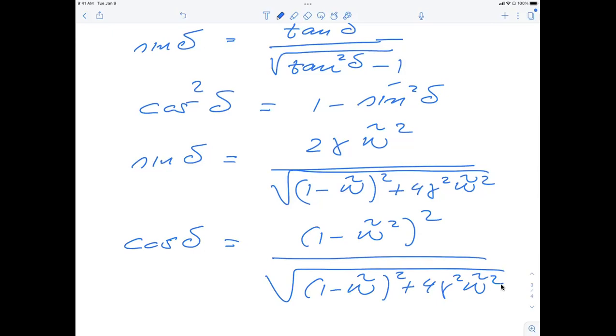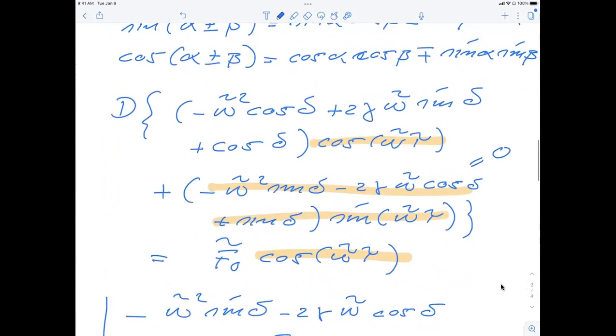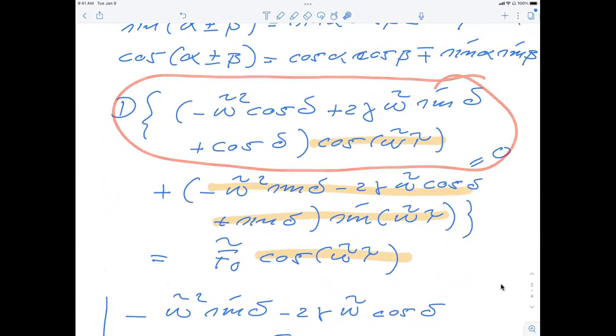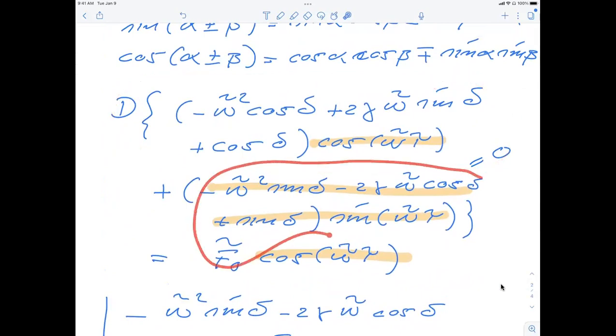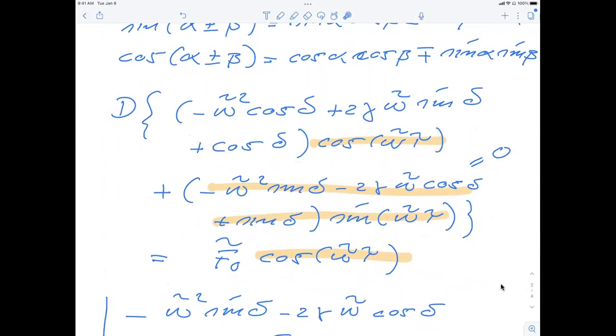The next thing we're going to do now is to put sine delta and cosine delta back in this equation with D, and we're going to equate that one with F times cosine. So we go back here and plug it in here. We've already found that the sine terms which you see here have to be equal to 0. So we plug in these equations in here, and then put that equal to F0 times cosine omega of tau.